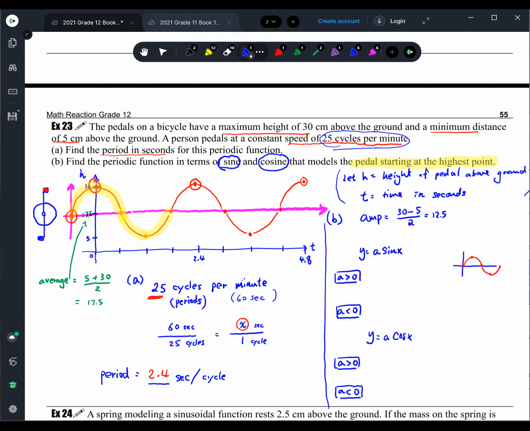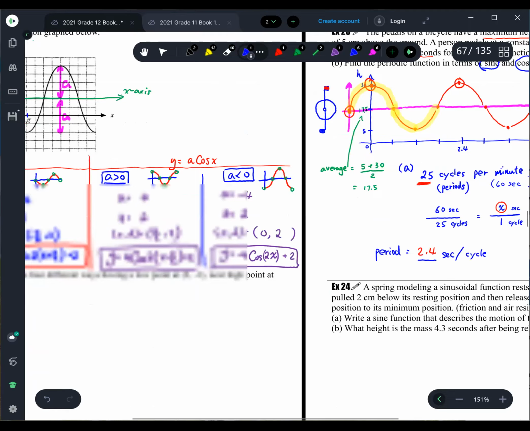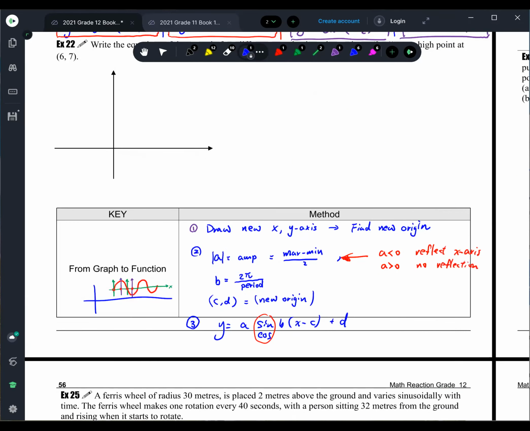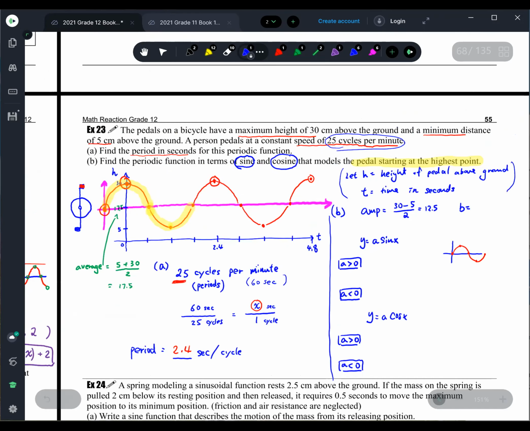Next we need to know the period. We already found it: the period is 2.4. Using the period, we can find B. If you look at the summary, B is 2 pi divided by the period. All right, Evan, what's B?